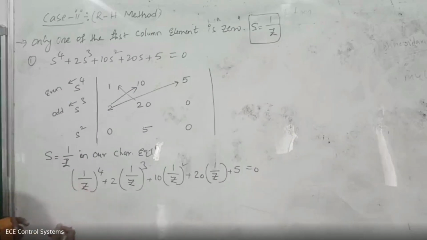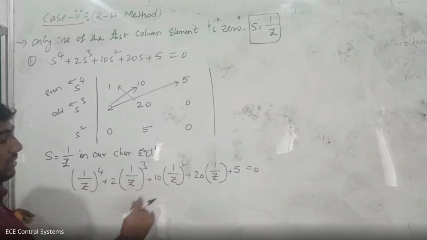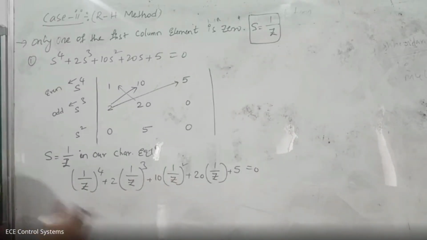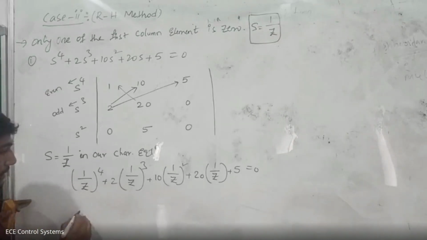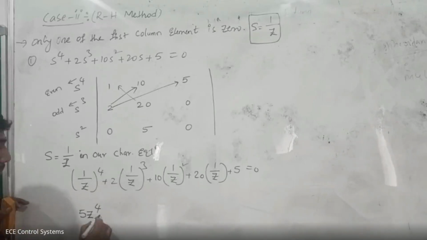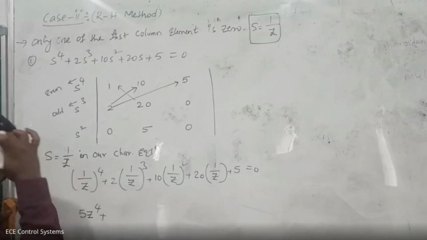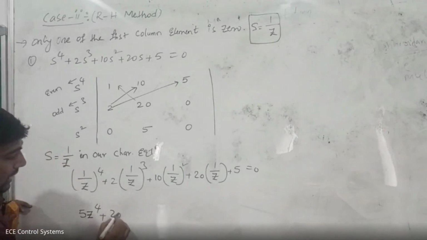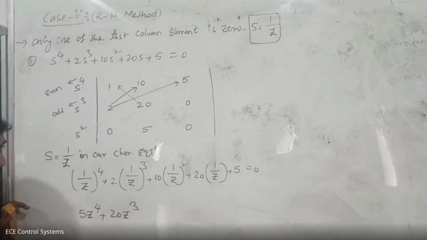From this equation, take the LCM and solve it. Finally, you get 5 into Z power 4 plus 20 into Z cube.